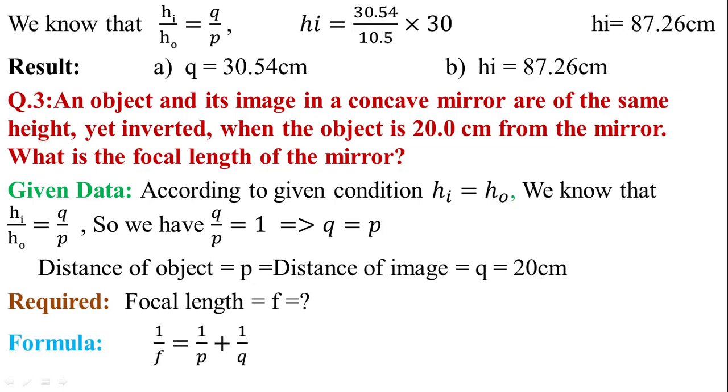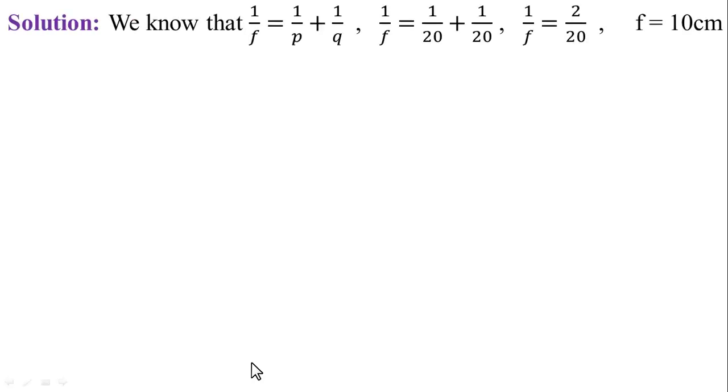Now we require the focal length F. Using the formula 1 over F is equal to 1 over P plus 1 over Q. Putting the values, 1 over F is equal to 1 over 20 plus 1 over 20.